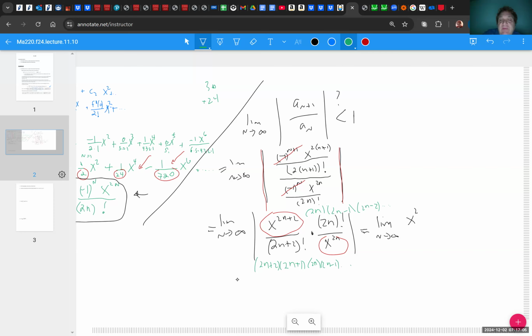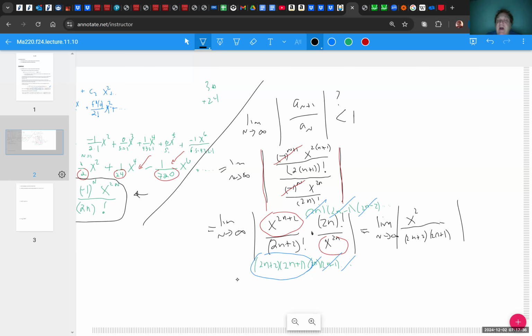So if you look at the factorial stuff, a lot of stuff matches up. You have a 2n and a 2n, a 2n minus 1 and a 2n minus 1, a 2n minus 2 and a 2n minus 2. All the stuff is going to divide out except for this 2n plus 2 and 2n plus 1 on the bottom. So over here, I have a 2n plus 2 and a 2n plus 1.